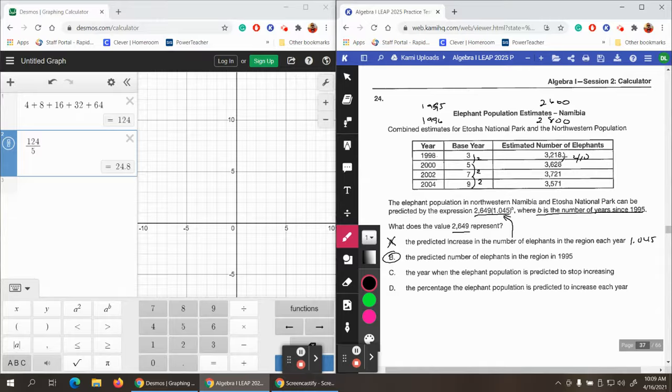When the year is predicted to stop increasing, well, hopefully the goal of this is for them to not be predicted to stop, right? So that's the goal of this, is to track it so that it doesn't stop increasing. The percentage of the elephant population is predicted to increase percent each year. That's not a percentage, right?